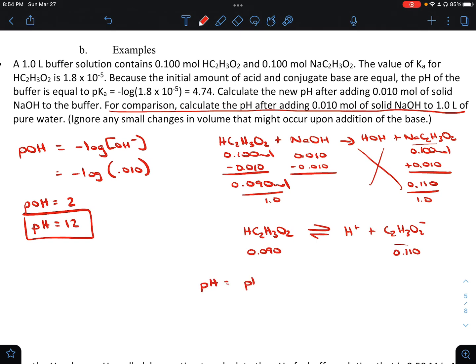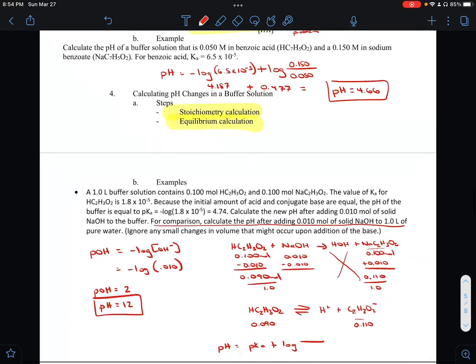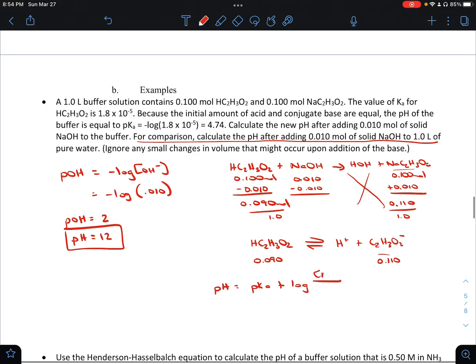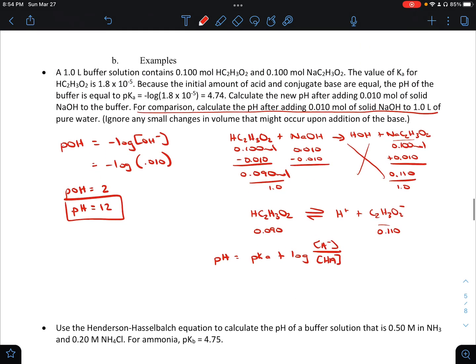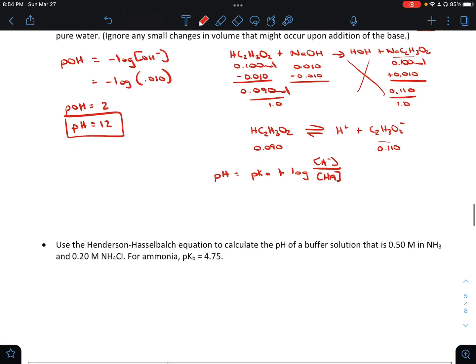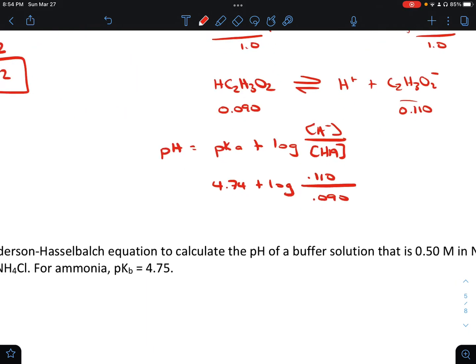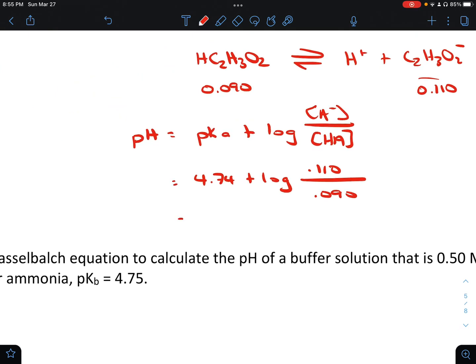pH equals pKa plus the log of the A minus over the HA. Let's plug that in. We know the pKa is already up there, 4.74, plus the log of our A minus, which is 0.110, over our HA, which is 0.090. Blow this up a little bit, maybe we can see it.